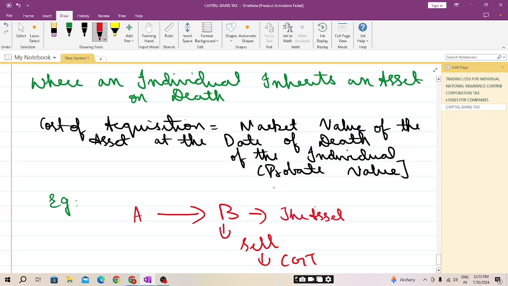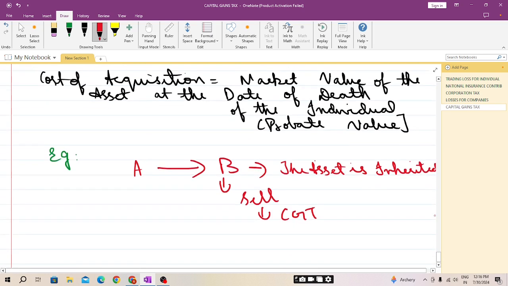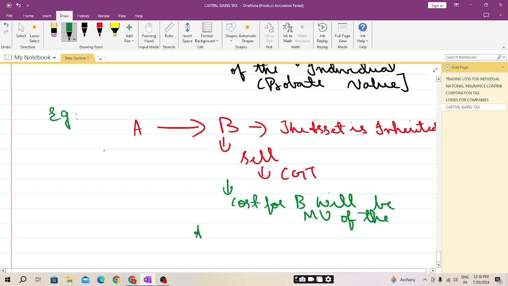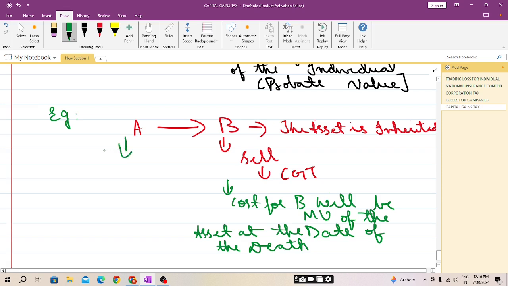So the cost of acquisition for B will be the market value of the asset at the date of the death. Let's take A dies and all the assets are inherited by B. A is the father, B is the son.